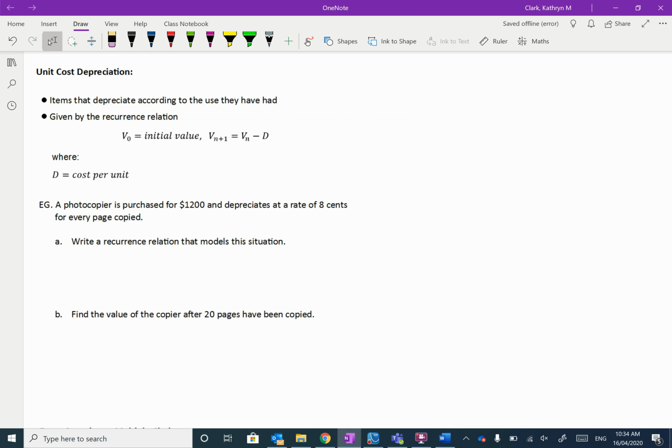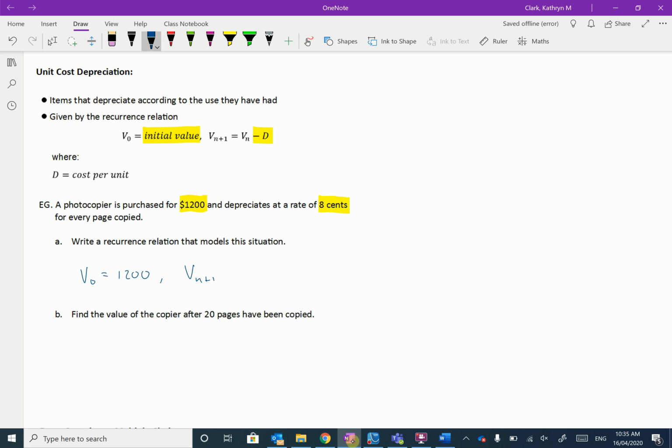If we were to write a recurrence relation for this, we only need to put in our initial value, the starting value, and then how much it's depreciating per page. Now we need to be a bit careful here because our cost has been given in dollars, but our depreciation has been given in cents. So we need to make sure that that's in the same units. So V0 is our initial cost, which is $1,200.